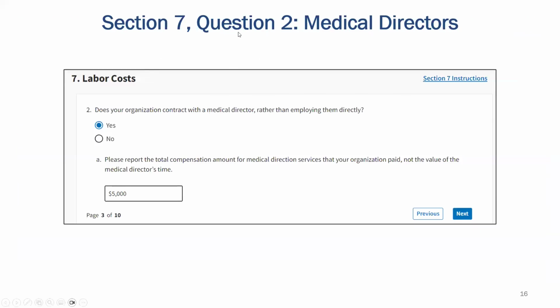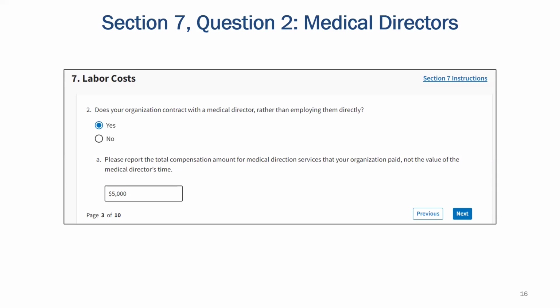Moving on to Section 7, Question 2. This is for medical directors, and this question gives you an opportunity to report whether you contract with a medical director rather than employing them directly. For many organizations, medical directors are clinicians, an emergency medicine doc, say, at a local hospital or other organization, and they might provide some hours of their time in compensation for a nominal amount.